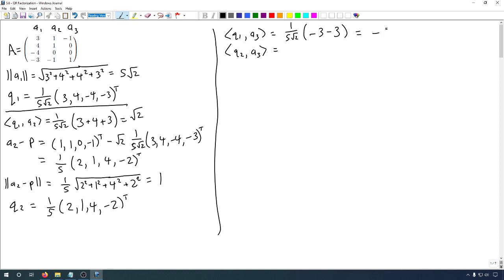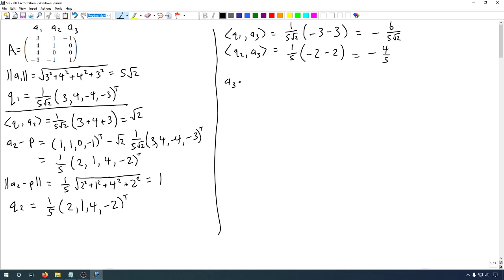So we get a negative 6 over 5 square root 2. Then q2, we pull out that 1/5. We have a 2 times negative 1. We have, again, a 0 and a 0. We have a 1 times negative 2. So we get a negative 4 over 5.